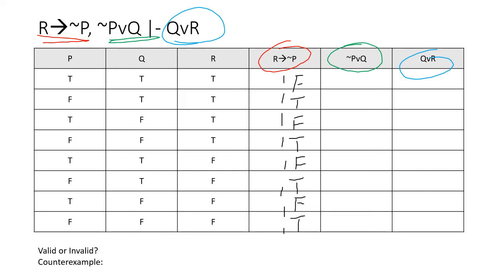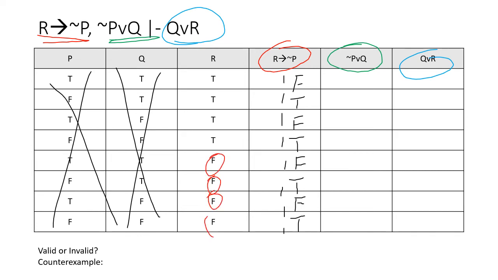And then we need to just include the arrow. So wherever the left side is false, or the right side is true, it's true. And then everywhere else it's false.